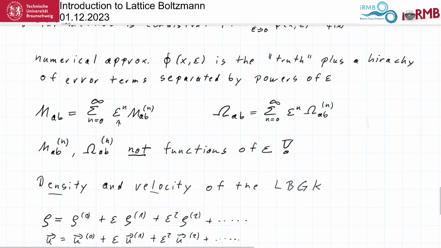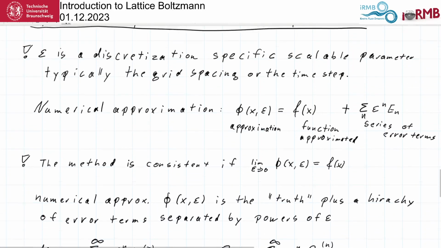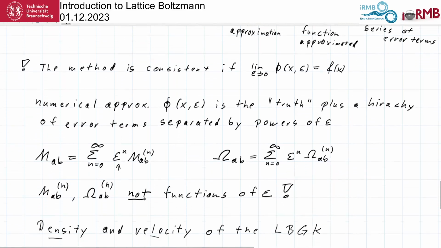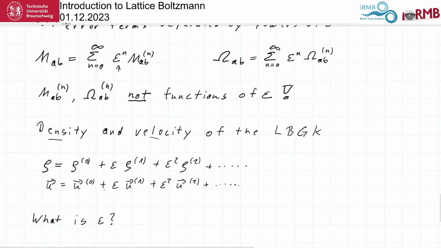The error is this. The epsilon is epsilon times. Okay, so what would be the error? Yeah. So these things here, these are the errors, right? This is an error. The epsilon is the smallness parameter.